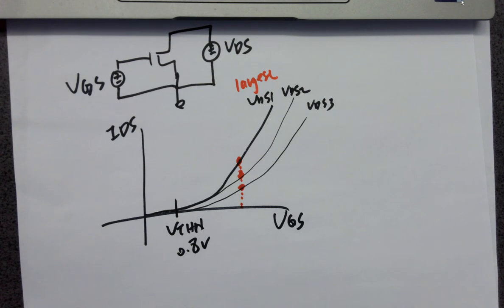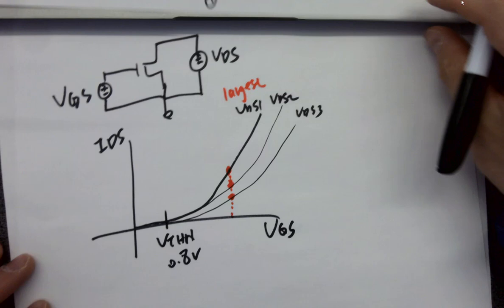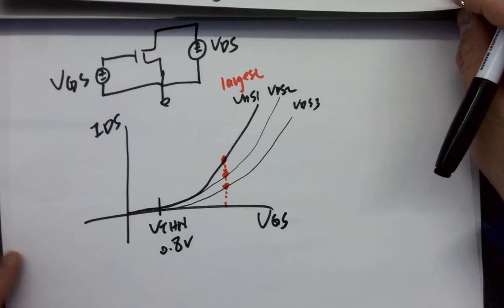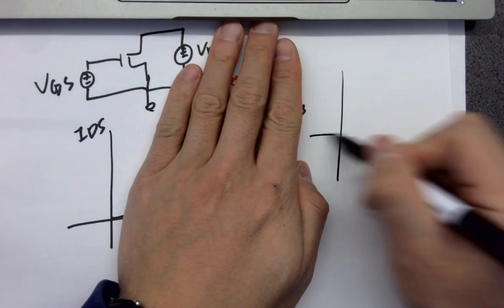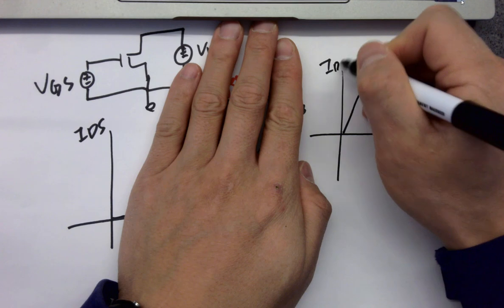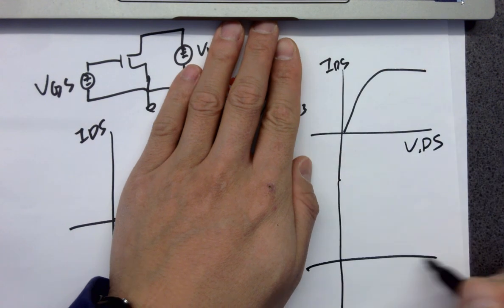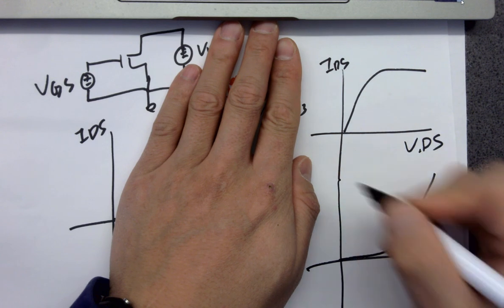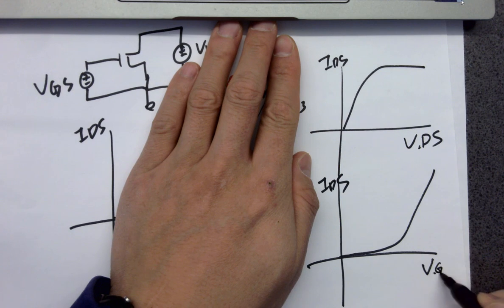So if I give a quiz asking you to draw the VDS versus IDS and VGS versus IDS, can you do that? Just do this. Yeah, it's that simple.